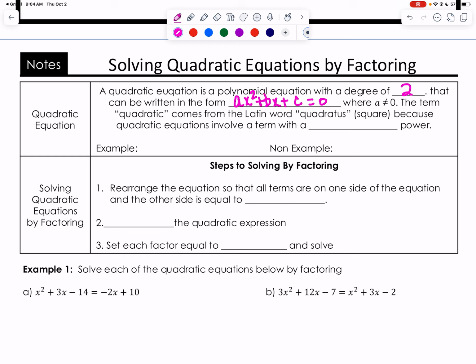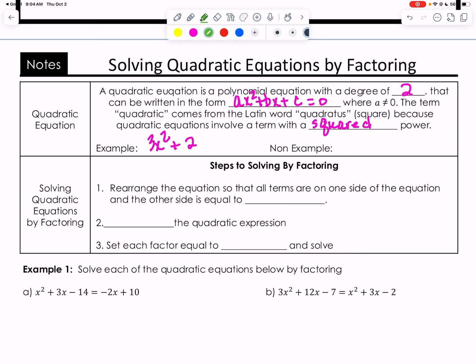Now, the term quadratic comes from a Latin word quadratus, which means square, because all quadratic equations involve a term with a squared factor, or power. Now, an example of a quadratic equation might be something like 3x squared plus 2.